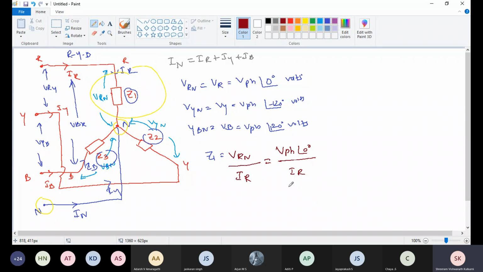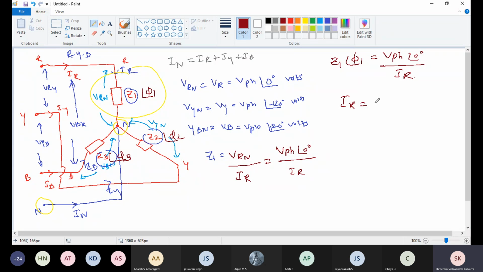Now these are displaced by different phase angles, not necessarily 120 degrees. So I call this angle phi 1, this angle phi 2, and this one phi 3. Now I can write Z1 at angle phi 1 equals V phase at angle 0 divided by IR.